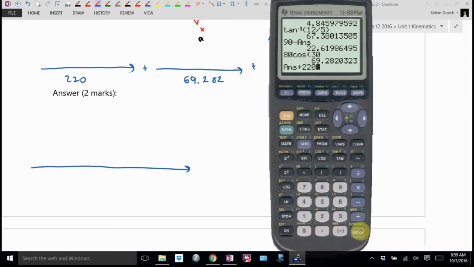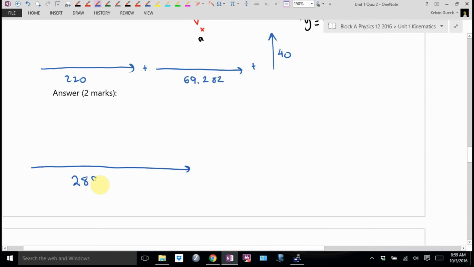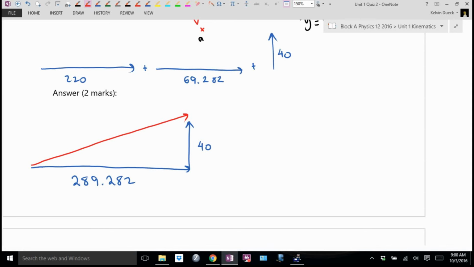Plus 220. I have a line 289.282 long, horizontally to the east. Add that tip to tail to the 40. And do you notice the red line that I just drew looks an awful lot like the red line that I drew earlier when I just added the two slanty vectors tip to tail?